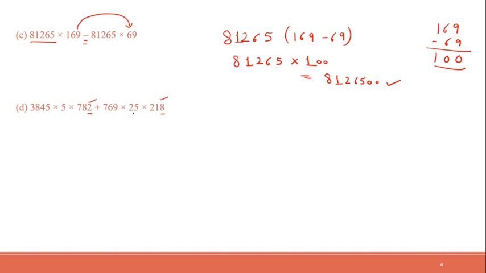What I can see here is a 25. 25 is 5 into 5, right? And here we have only 5, but in this number we can see that the unit digit is 5. That means this number will be divisible by 5.